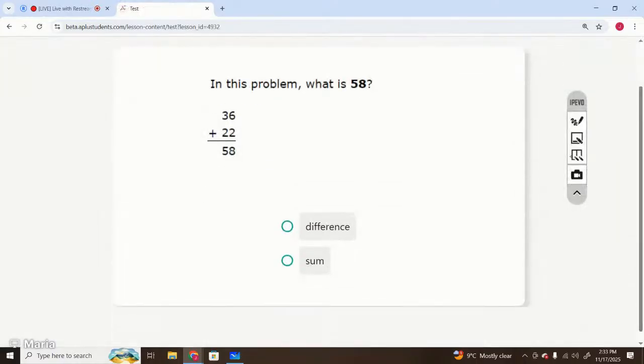In this problem, what is 58? So 36 plus 22 is 58. That is the sum when adding two numbers. 58 is the sum of 36 and 22. Option number 2 is the correct option.